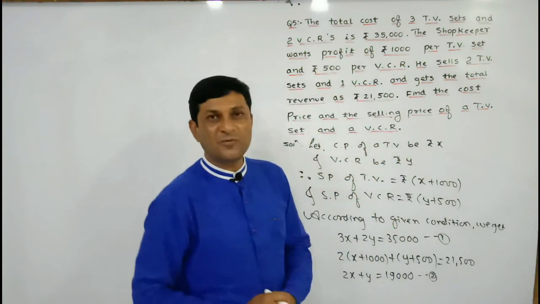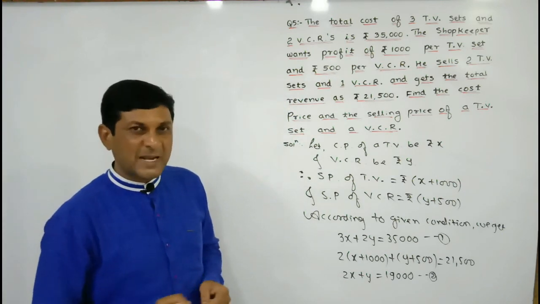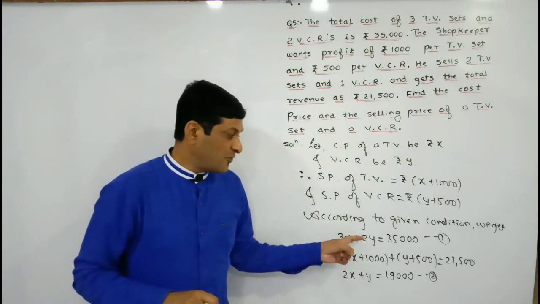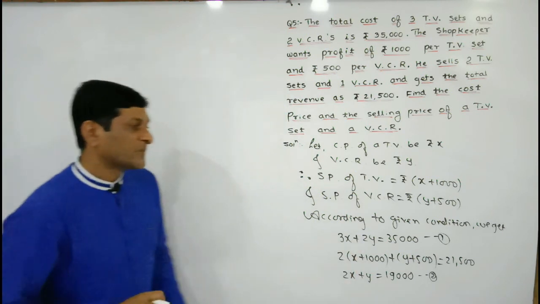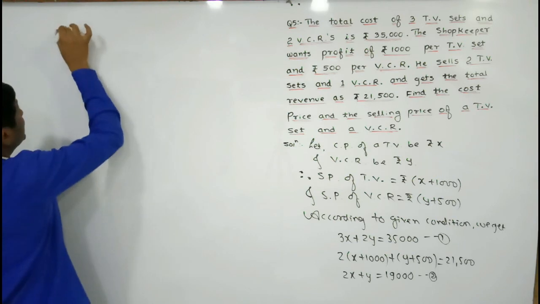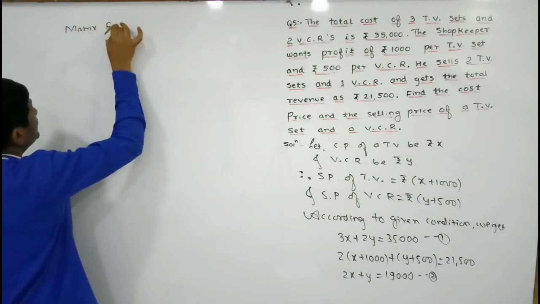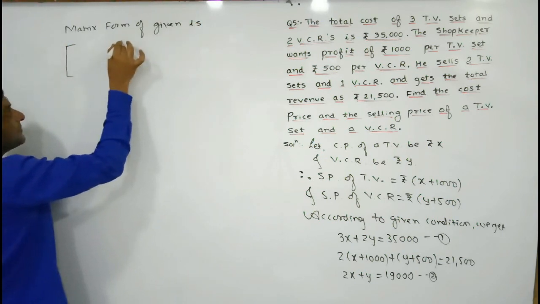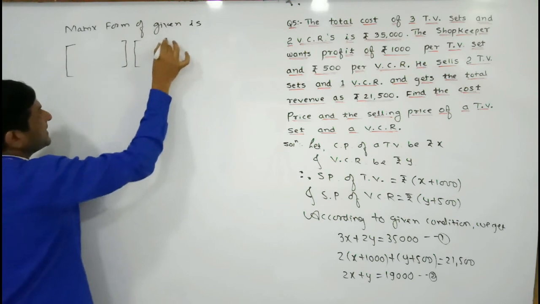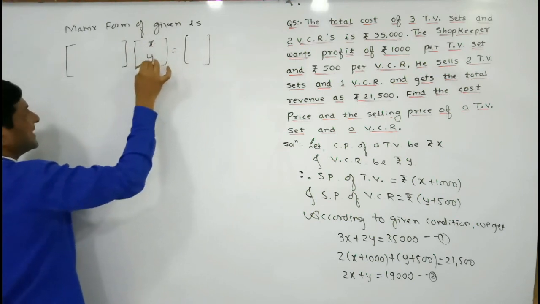Once the two equations from the given condition are known to us, we are solving these equations applying the reduction method. But for that purpose, first we have to write down these equations in matrix form. Whenever we are writing equations in matrix form, in the first matrix we are collecting the coefficients of X and Y, in the second matrix we are writing the variables.